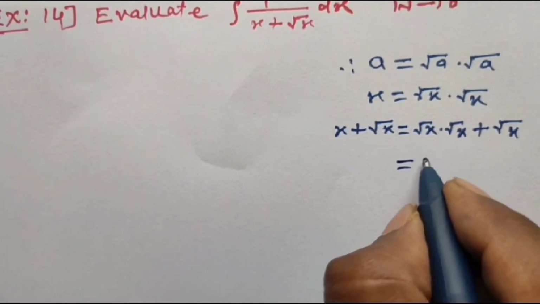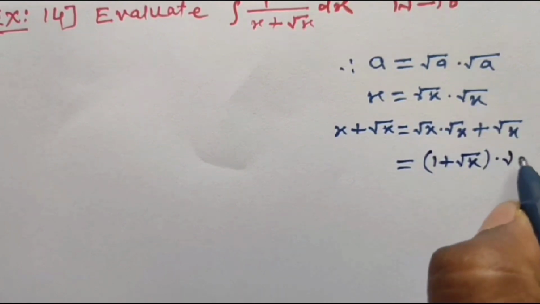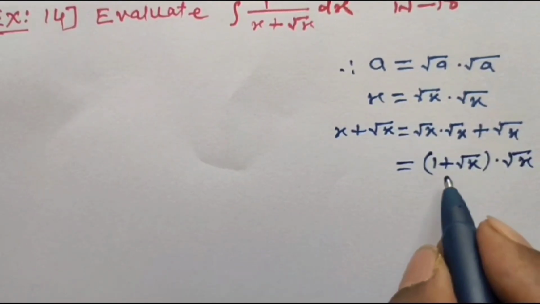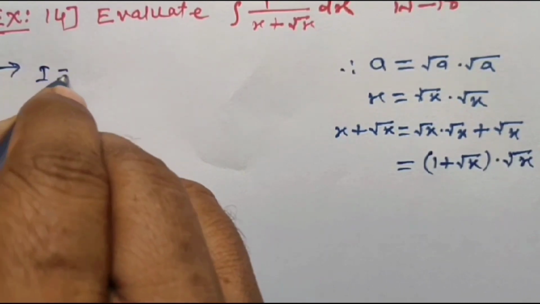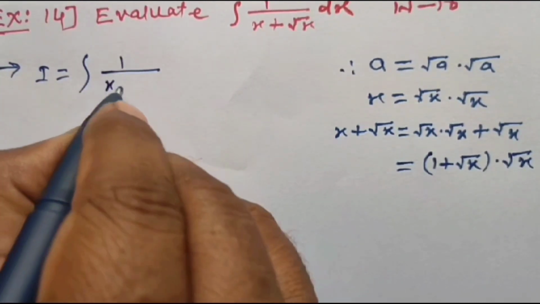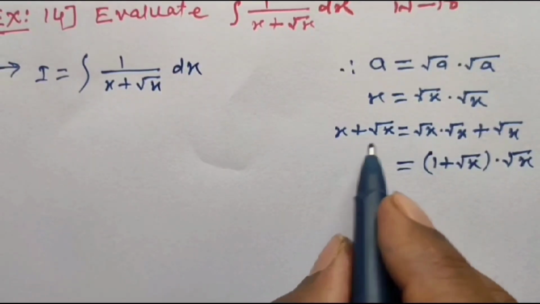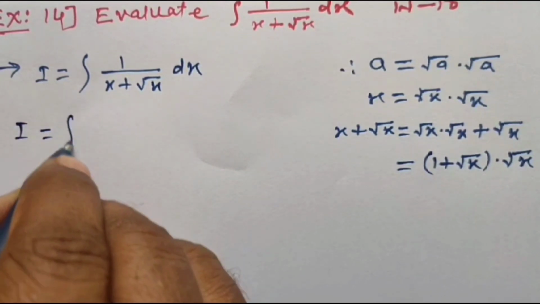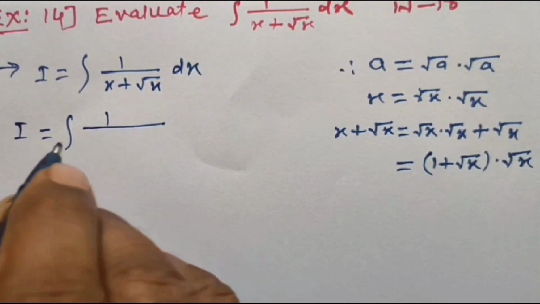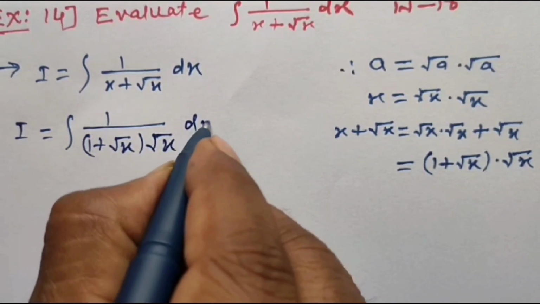So into bracket remains 1 plus root x, into root x. x plus root x we can replace by this. Now integral I can be written as 1 upon x plus root x integral with respect to x, but x plus root x we are replacing by this. Hence I is equal to the integral of 1 upon (1 plus root x) into root x with respect to x.